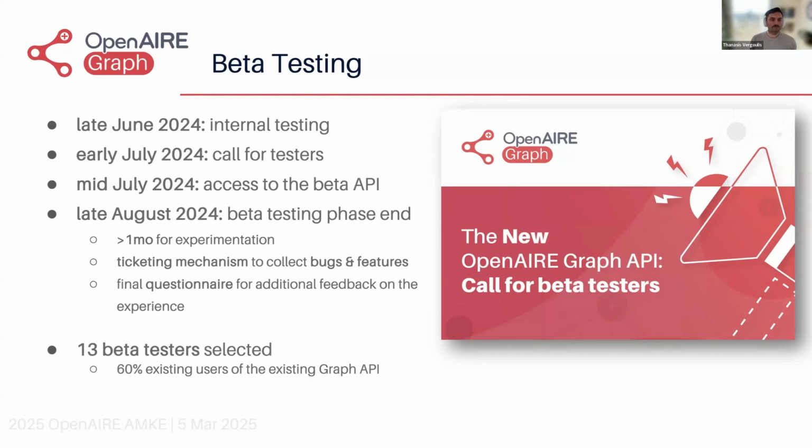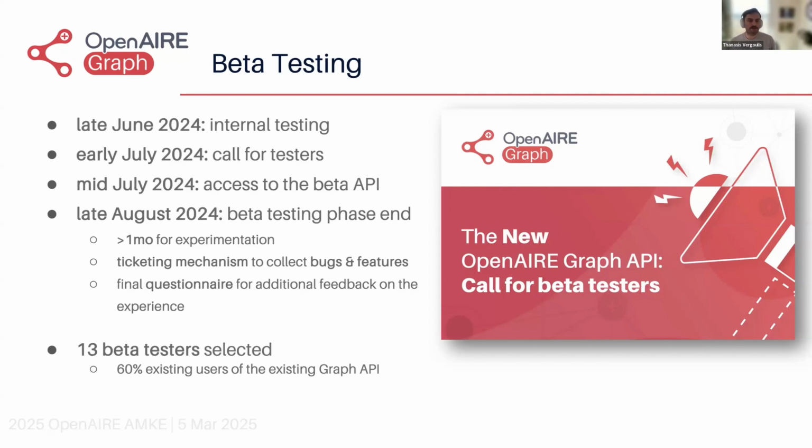In early July 2024, we had an open call for testers. And in mid-July 2024, we gave them access to the beta API until late August so that they can test the new API, try to perform queries and things like that.